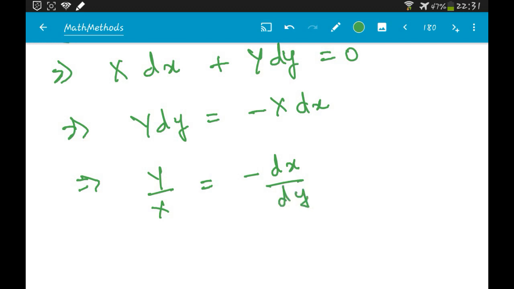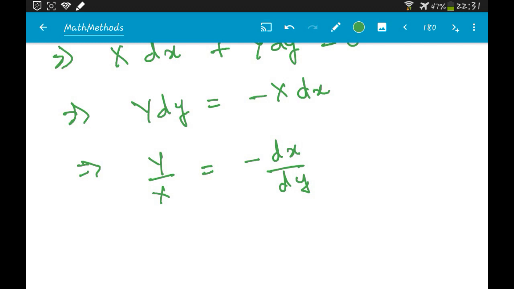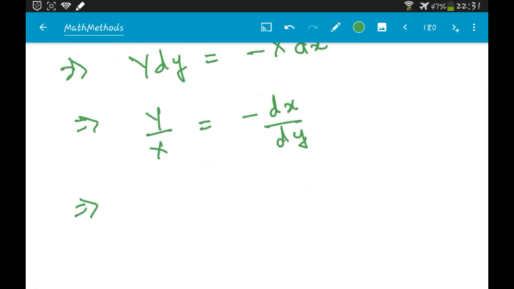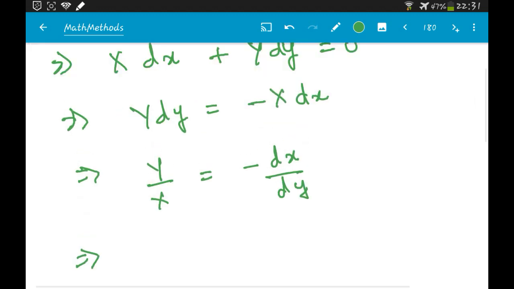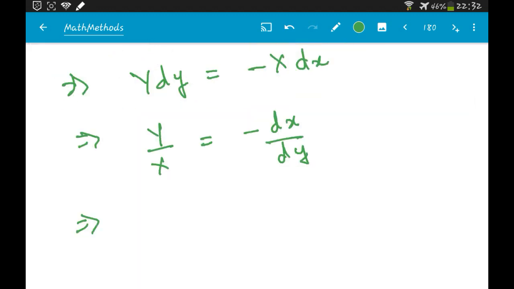Alright, and since this is going to be normal, the simplest way that we can satisfy this is if we take X equal to dy and Y equal to minus dx.